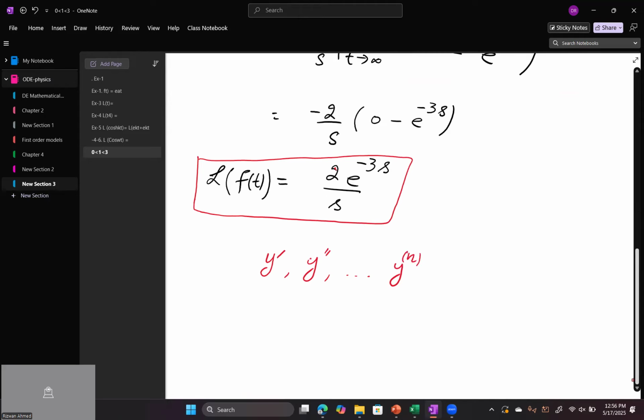With that set, our requirement for solving a constant coefficient differential equation will be satisfied, and then we will move on to the solution of constant coefficient differential equations against the inputs for which we have calculated the Laplace transforms. So let's stop at this point.